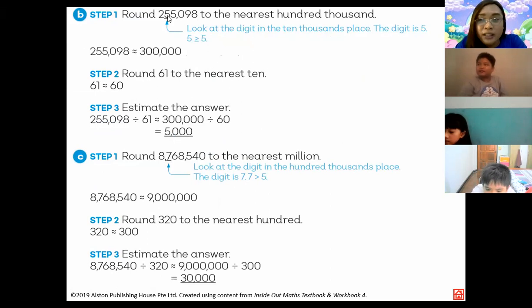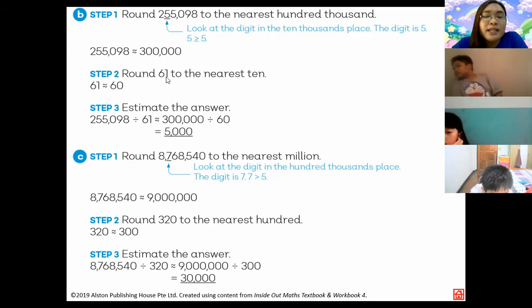Is it smaller or equal or bigger than 5? So 5 is greater or equal to 5. So if we round this number, that's going to be 300,000. And then step number 2, round 61 to the nearest 10.